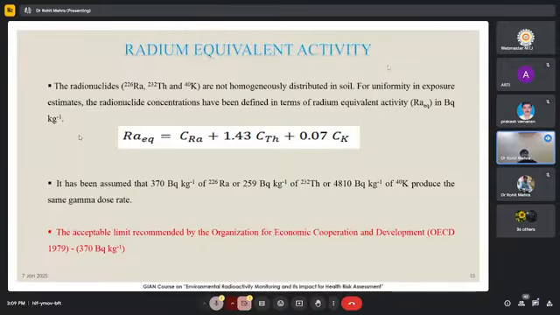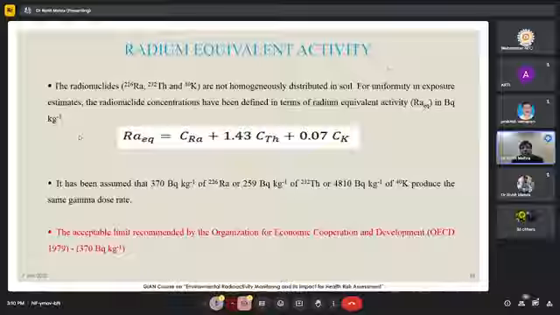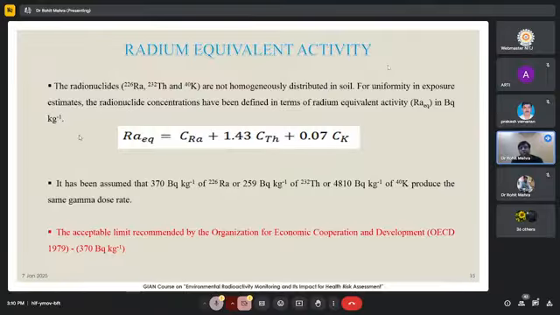Then after calculation of radium, thorium and potassium from different samples, what we do is calculate the total radium equivalent activity. The total radium equivalent activity means we convert the concentration of thorium into the equivalent concentration of radium, and we again convert the concentration of potassium into equivalent concentration of radium.